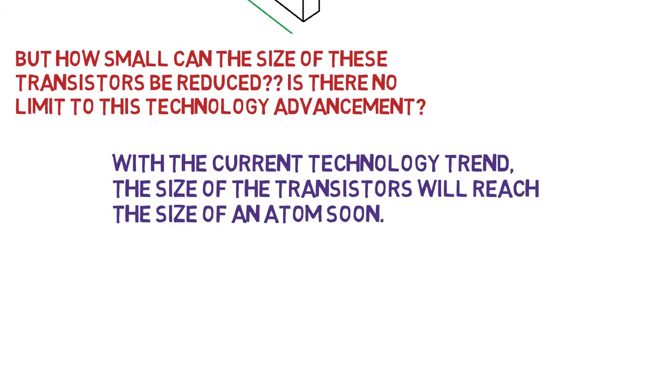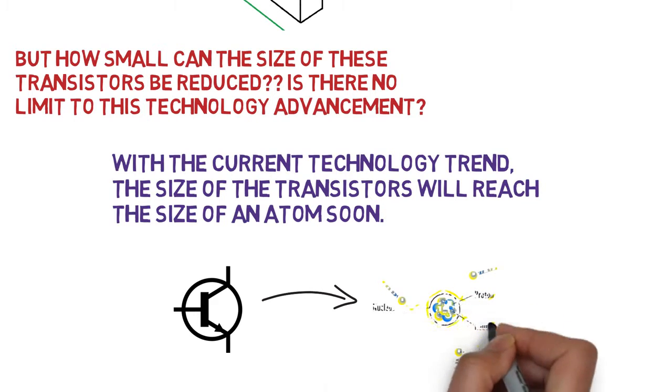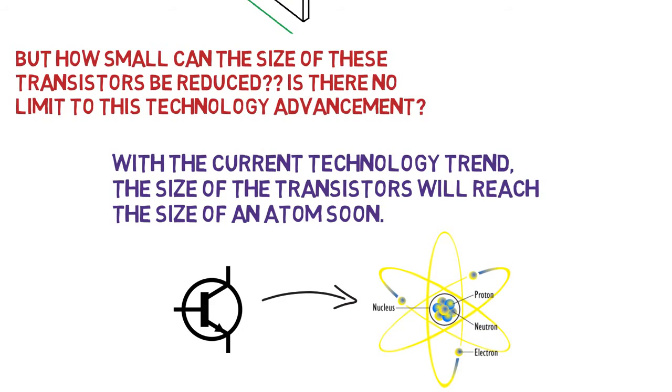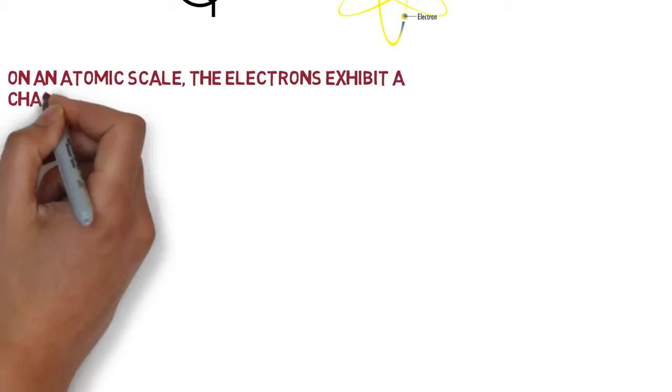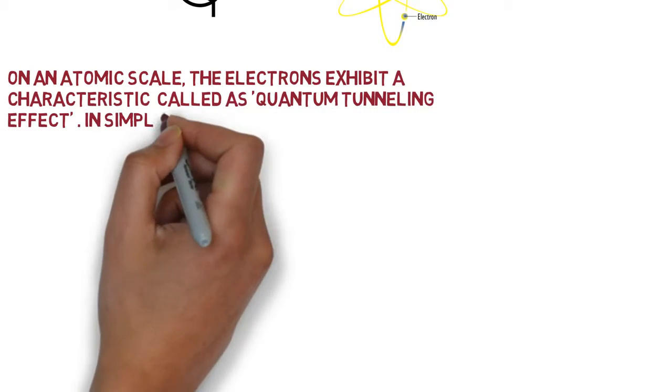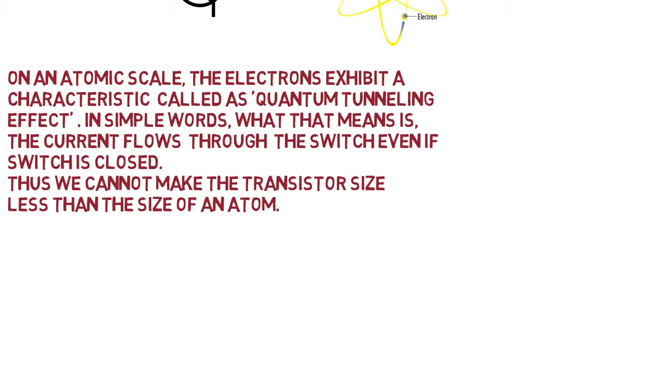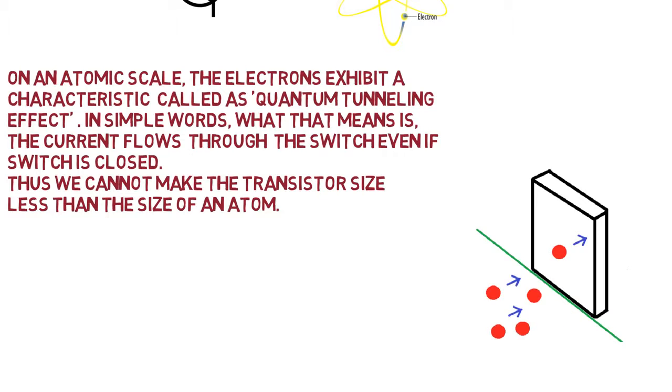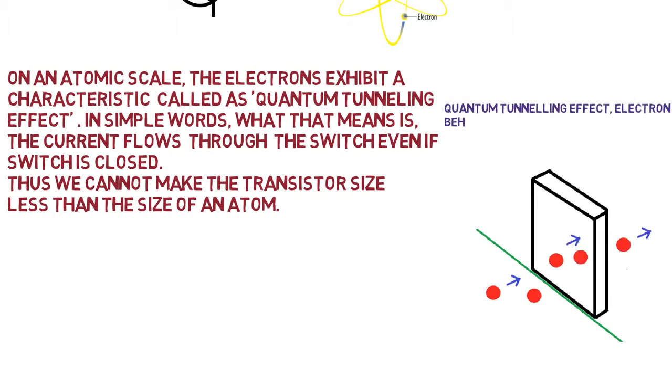With the current technology trend, the size of the transistors will reach the size of an atom soon. On an atomic scale, the electrons exhibit a characteristic called the quantum tunneling effect. In simple words, what that means is the current flows through the switch even if the switch is closed.